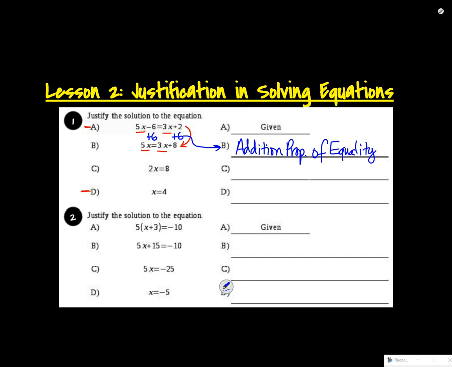I knew I was going to run out of space because my handwriting's a little bit large. If you want to use POE, that's fine. But you should have that property of equality. We didn't just add. Adding would mean that I'm adding on the left side or on the right side, one or the other. We did both. So that is a property of equality.